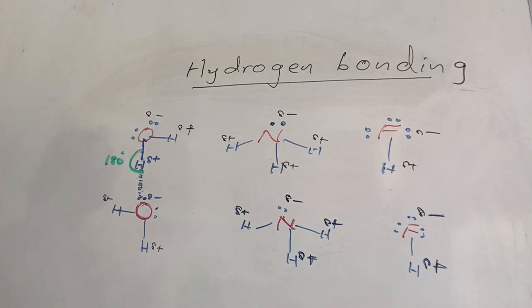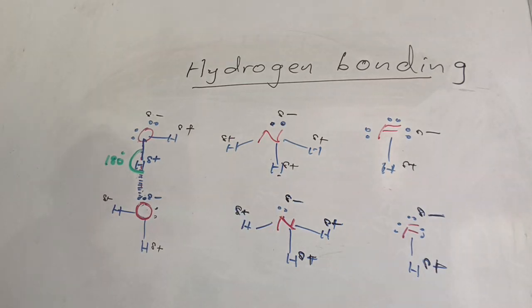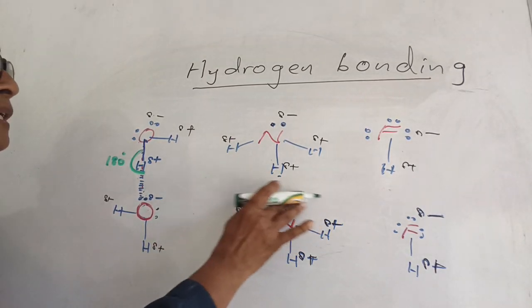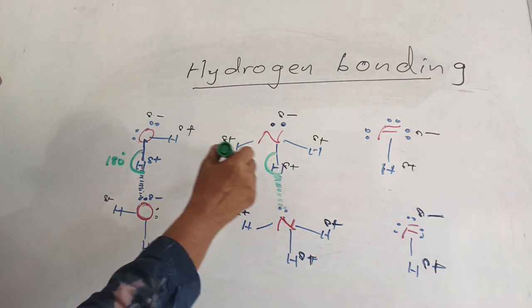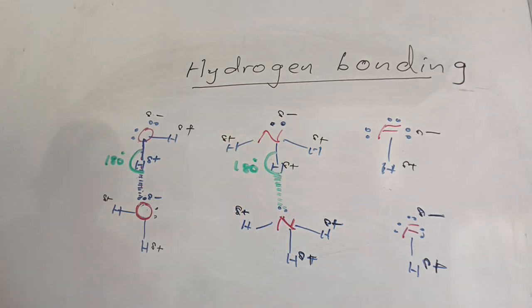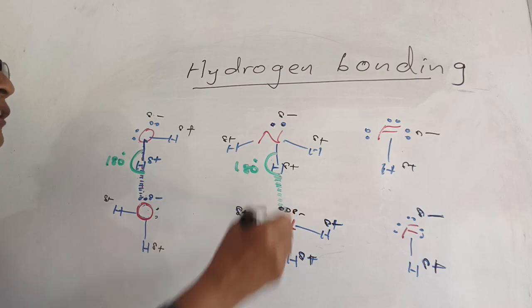Between the ammonia molecules again, the slightly positive hydrogen is attracted by the slightly negative nitrogen, through the lone pair, and the angle should be 180 degrees. There would be a slightly negative charge on nitrogen again because of its high electronegativity.